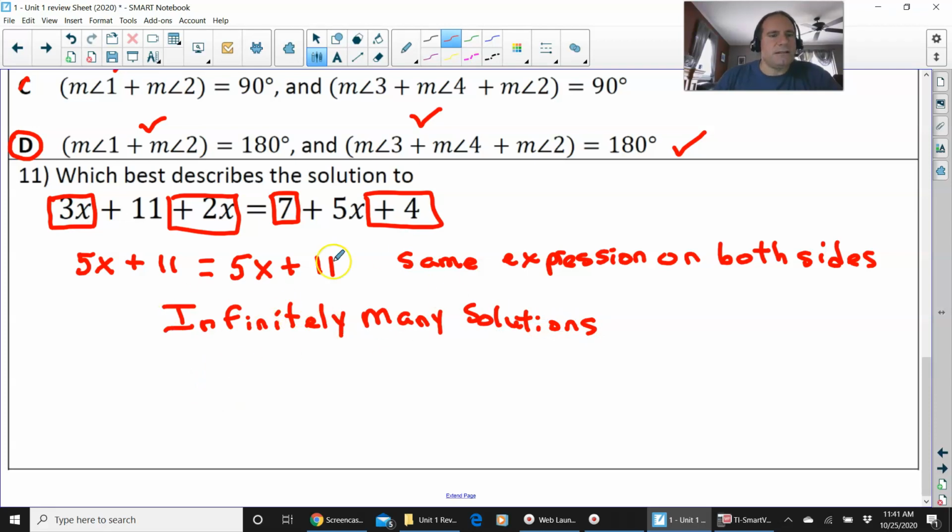All right, so that is the answer. Remember, you have infinitely many solutions. You have the same expression on both sides. If you did not realize that, then you would just keep on going and do minus 5x on both sides. Minus 5x, they would both cancel. You get 11 equals 11. Infinitely many solutions.